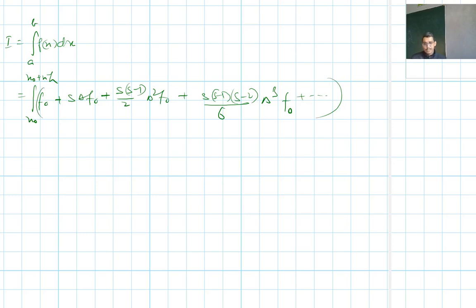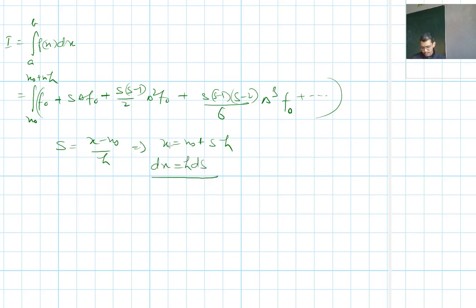and let us change the limits. To change the limits, as we know that s is equal to x minus x naught by h, which implies that x is equal to x naught plus sh, and if I take the differential, then dx can be written as h ds, right?